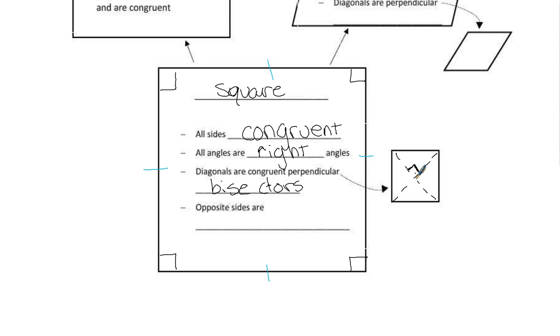That's what that little box shows us. So that means that this side is as long as this side of our bisector, this side is congruent to this side. And then our last blank, opposite sides are parallel. So this side is parallel with this side, just like our parallel lines, and the top is parallel to the bottom.